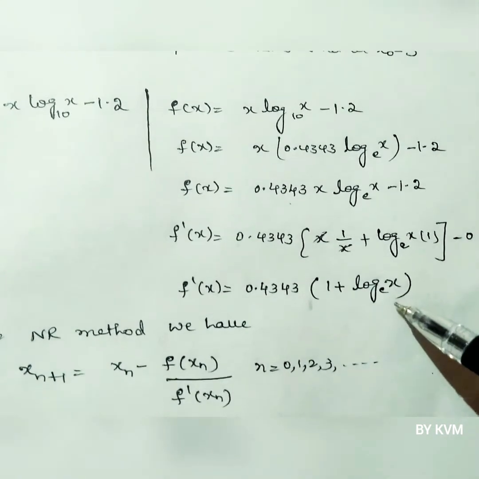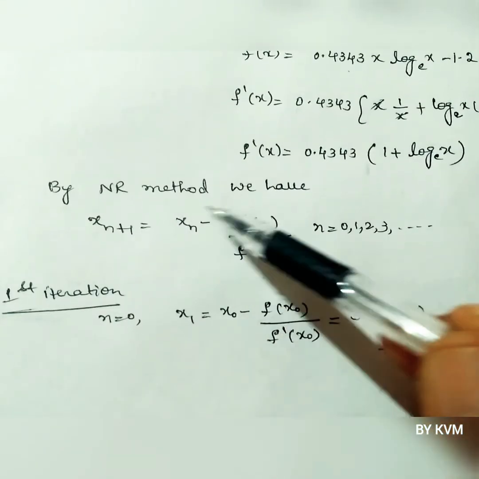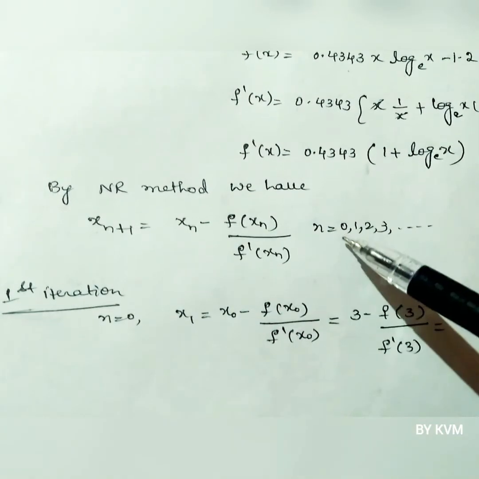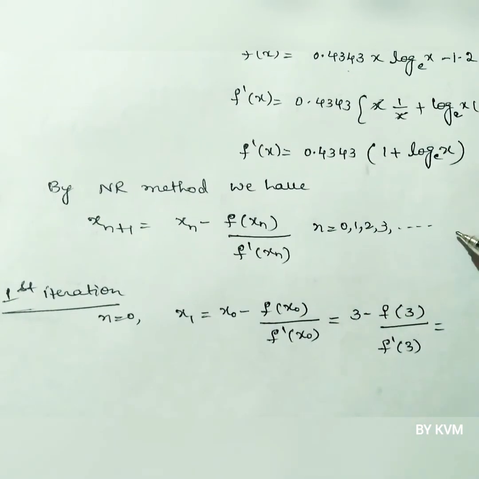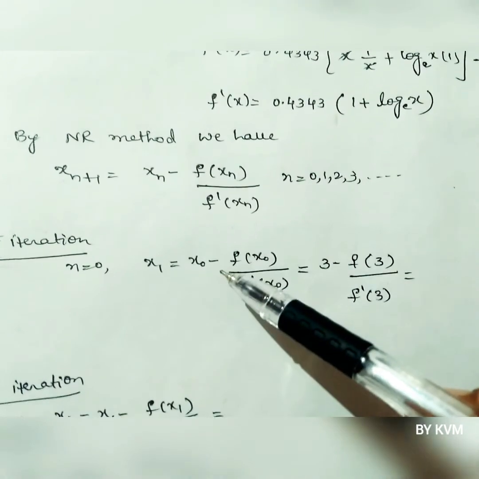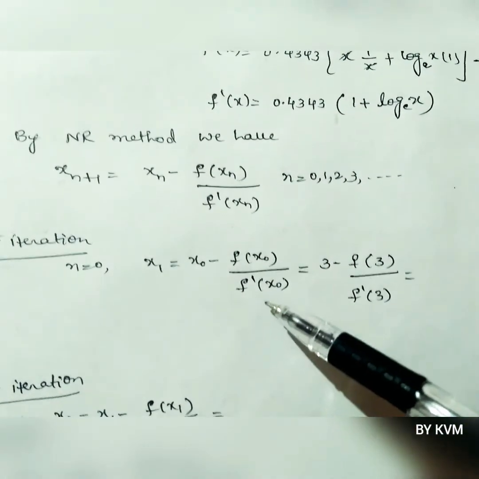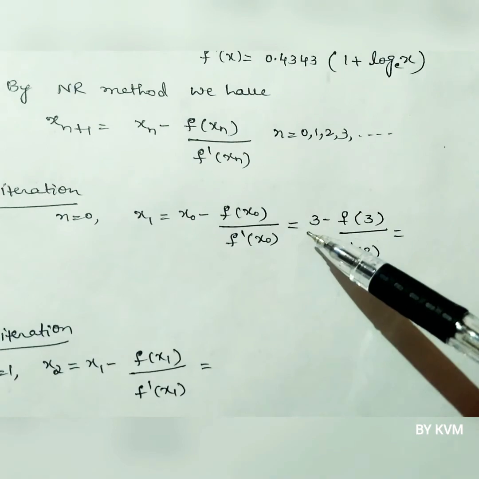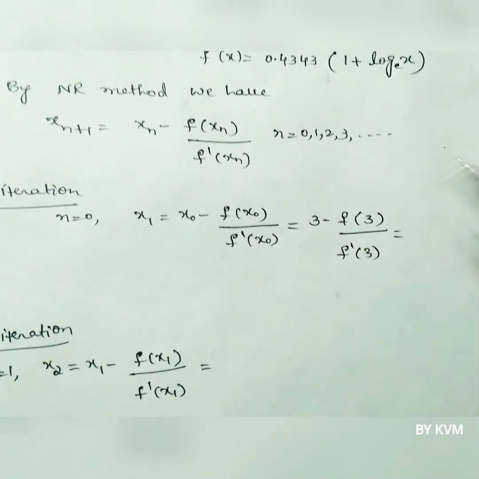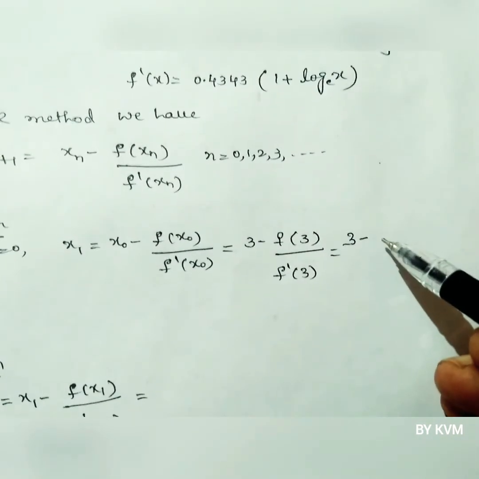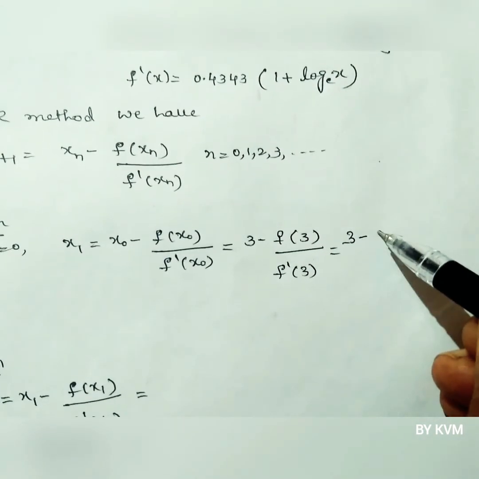Now we can start the iteration process. By the Newton-Raphson method, we know the formula: xn plus 1 equals xn minus f of xn by f dash of xn, where n varies from 0, 1, 2, 3 and so on. First iteration, take n equals 0, the formula becomes x1 equals x naught minus f of x naught by f dash of x naught. So x naught we have taken 3, so 3 minus f of 3 by f dash of 3.